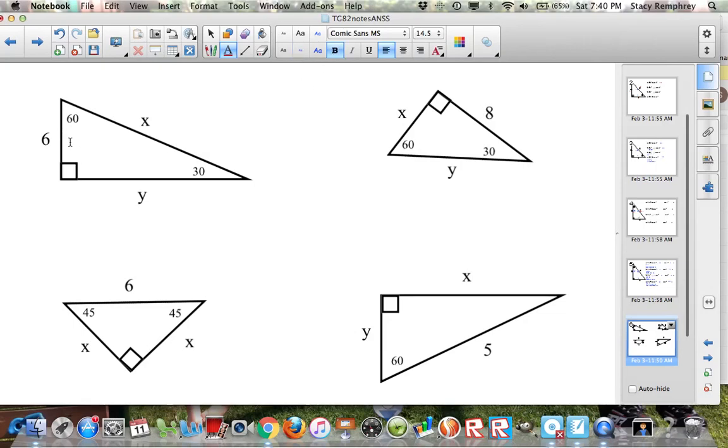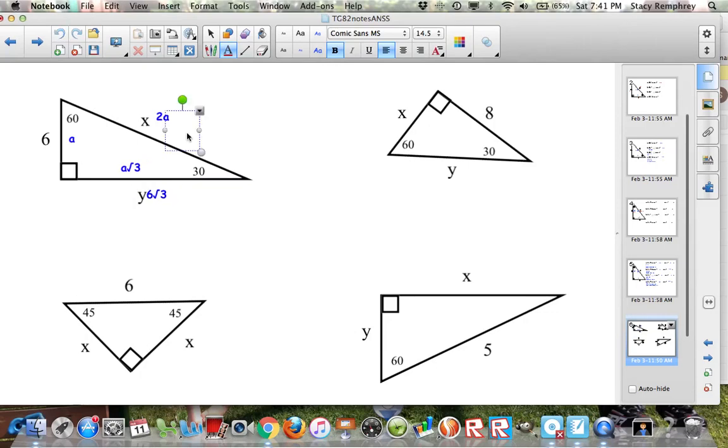Okay, so this is my A side. I know that because I found it was 30, 60, 90. I went to the 30, and across from that is the A side. This is my A root 3 side, and this is my 2A side. Well, I can see that my A is 6, so that must mean this is 6 root 3, because it's whatever the A number is times the square root of 3.